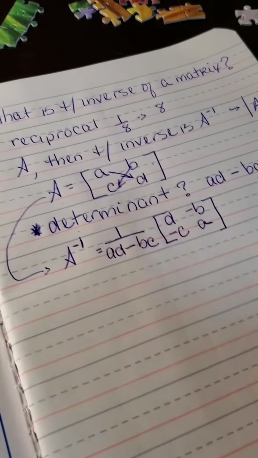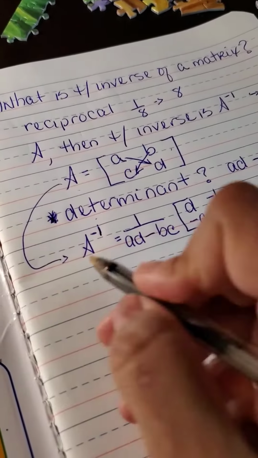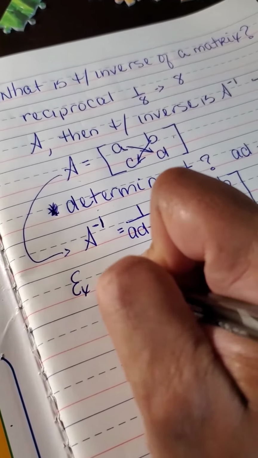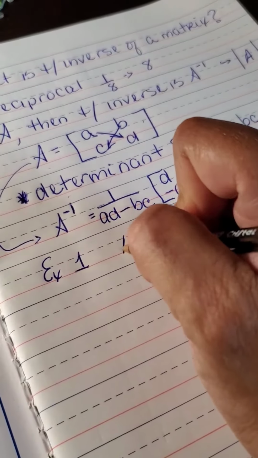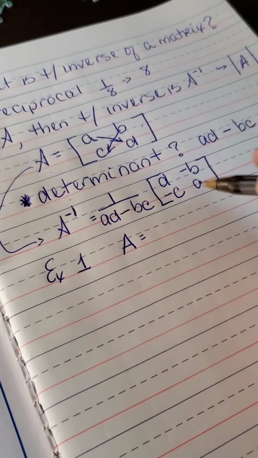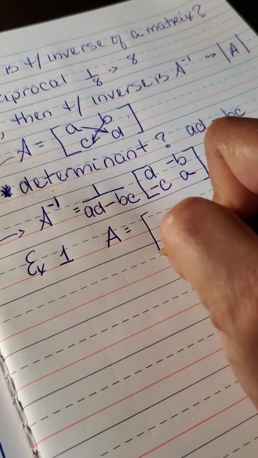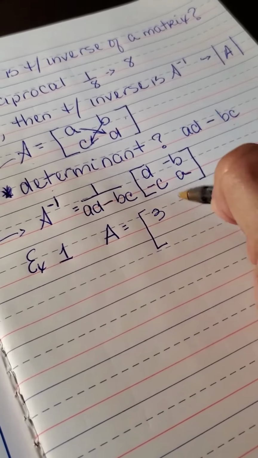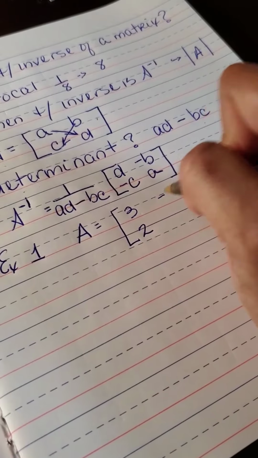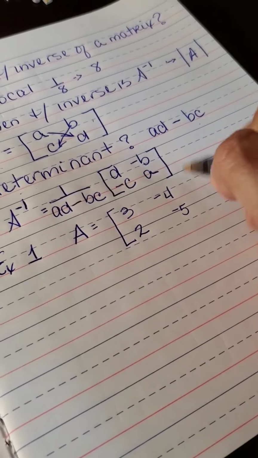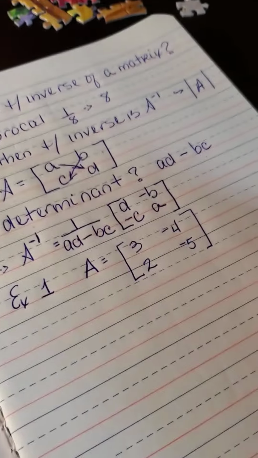So let's use numbers. All right. Example 1. Matrix A is 3, 2, let's go with -4, -5. Okay. All right.